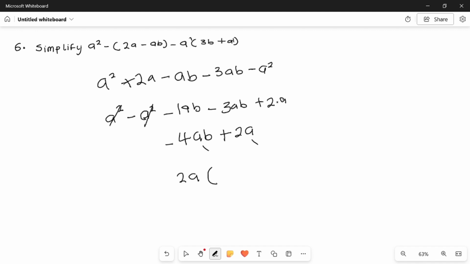A will cancel a, 2 will divide 4 to get 2. And what will be left here, since a has cancelled a, it will be b. So it will be 2b. Don't forget the negative sign. That's negative here. Plus times minus will give you minus. Then 2a into 2a will give us 1. So it will be plus 1. So this will be our final answer. So we are done for today.